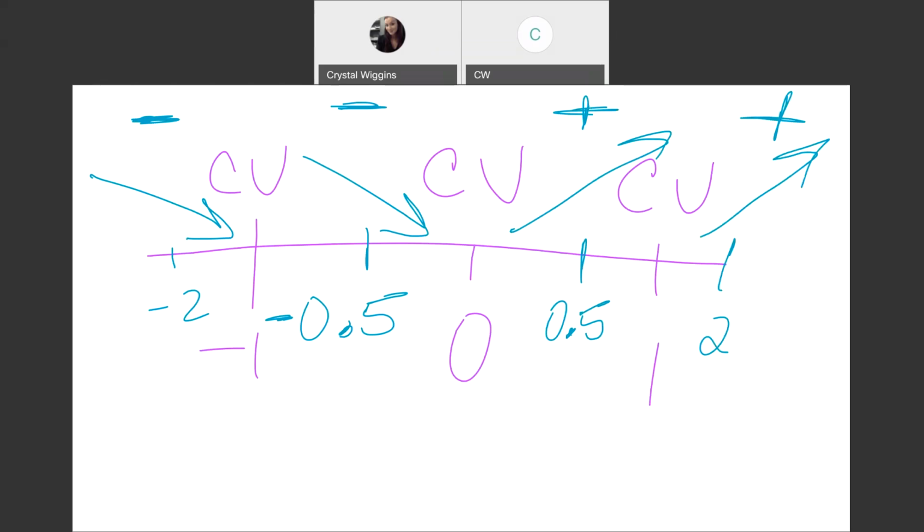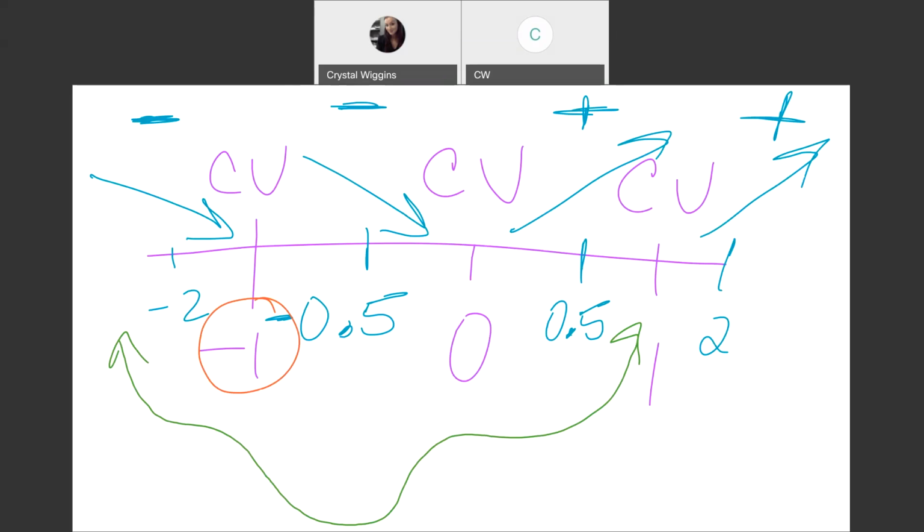So if I was to draw this function, I would see something like this. Okay, so what's happening, excuse me, is that we're decreasing, which makes -1 an inflection point.